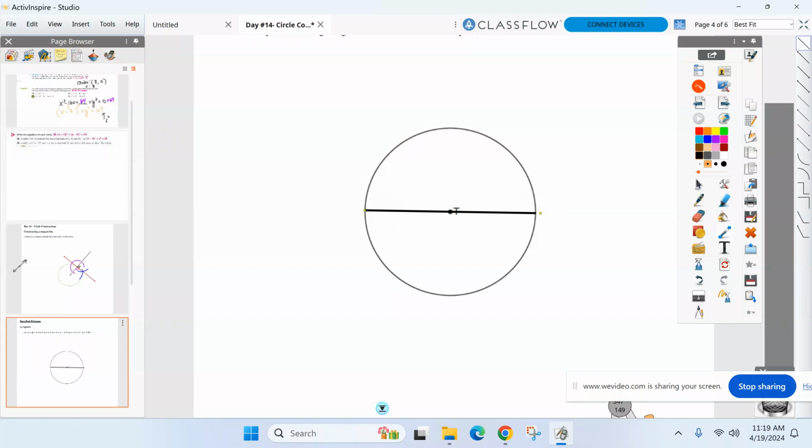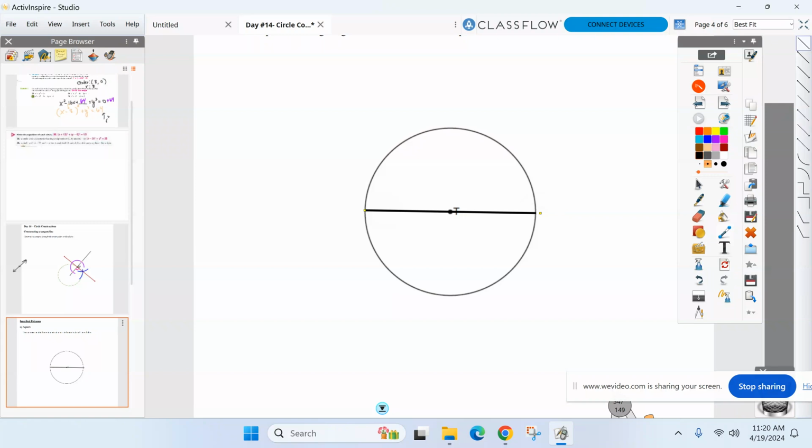And what do these two measure? 180, but we're looking for what measure? Going from 180 to 90. Looking for a vocab word. Bisect. Correct. Not bisect the arc, but we're going to bisect the diameter.